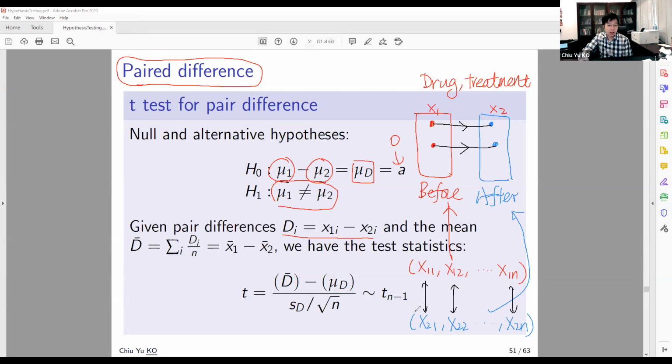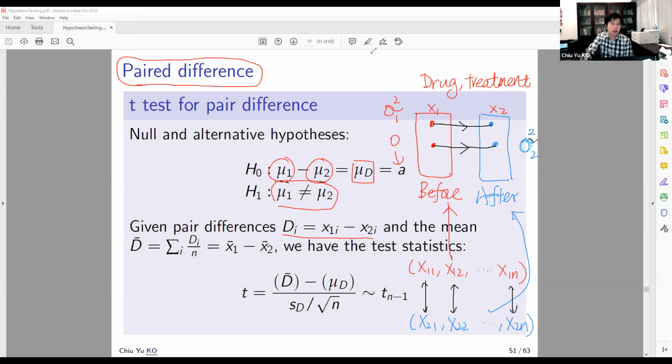And because they are normal, the difference is also normal. We don't know sigma. Suppose they may have the same or different sigma squared; this one may have sigma 2 squared, and this guy may have sigma 1 squared, and they may be related, right?